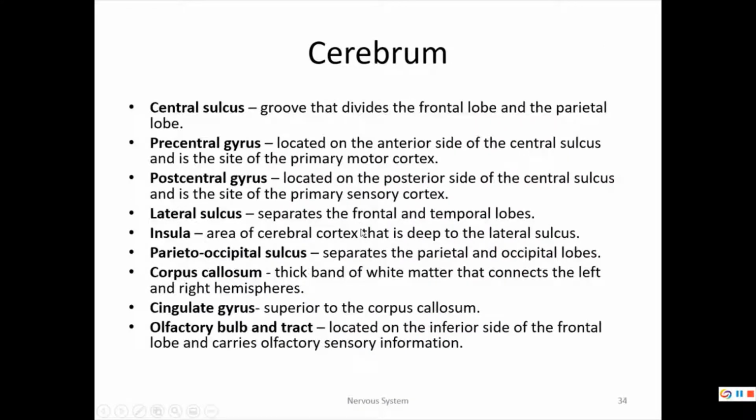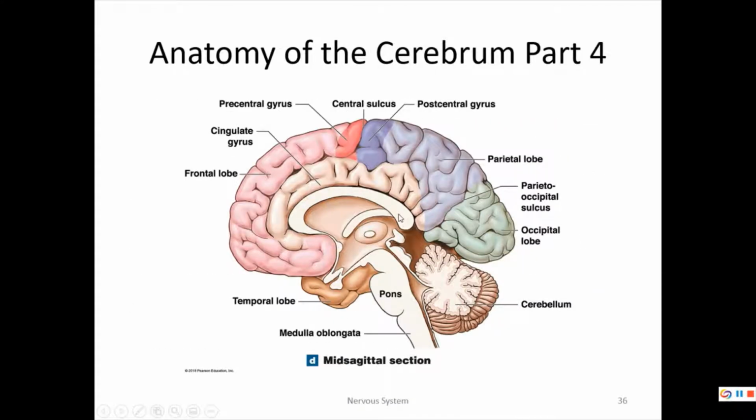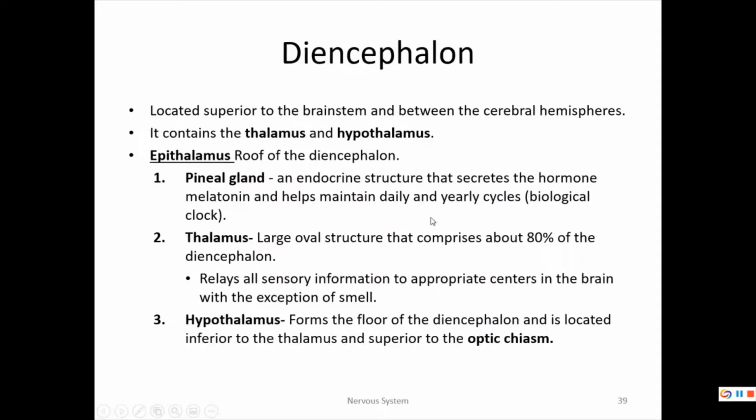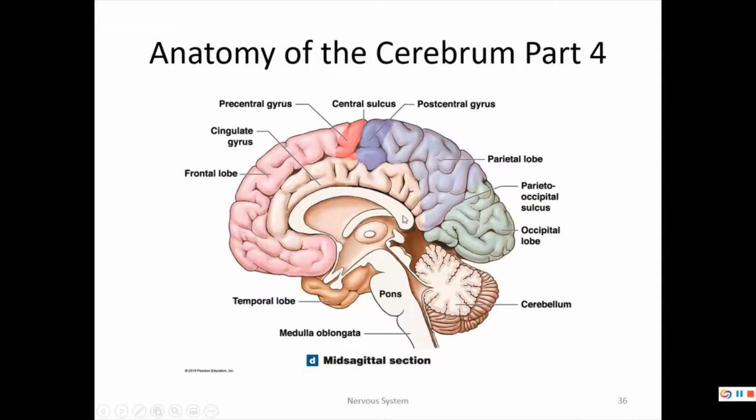The corpus callosum is this band of tissue found here. I think for some reason it's not labeled here. It will be labeled somewhere else, but this is the corpus callosum, a band of white matter connecting left and right hemispheres, and superior to it is the cingulate gyrus.